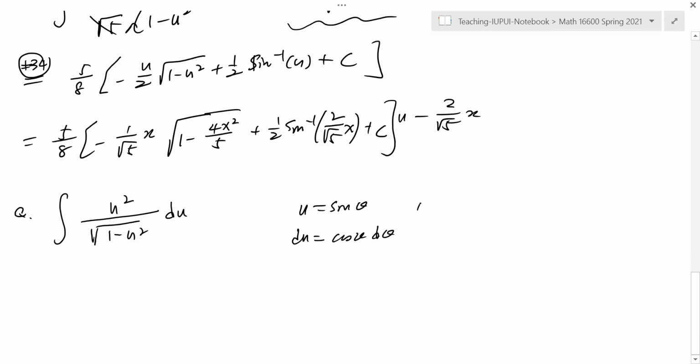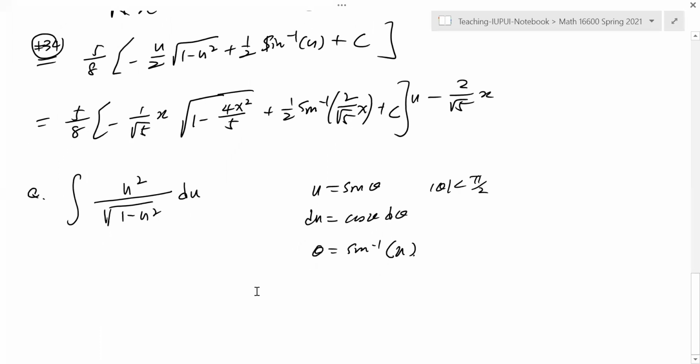Okay, and here theta is between negative pi over 2 and pi over 2, so theta can be expressed as the inverse of sine u. Okay, so you can solve for theta.